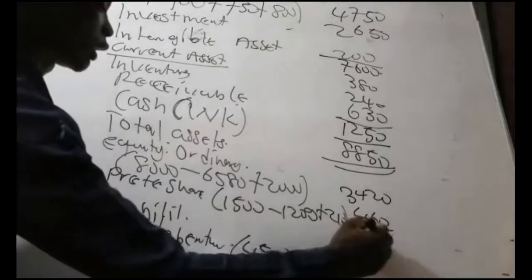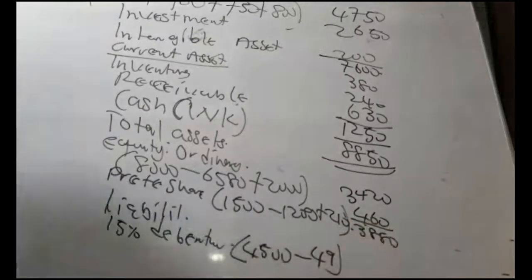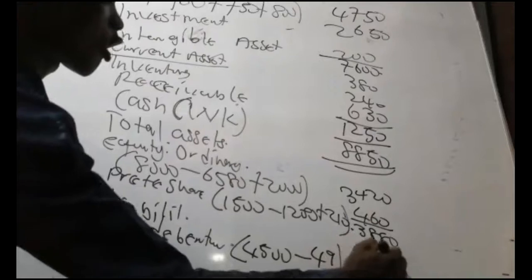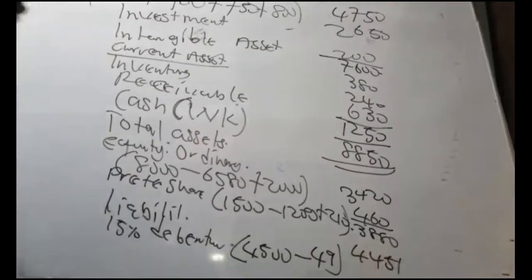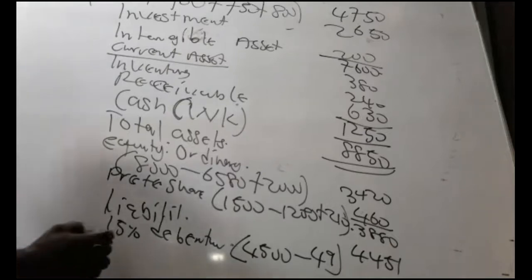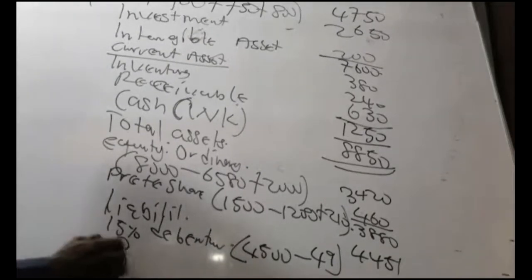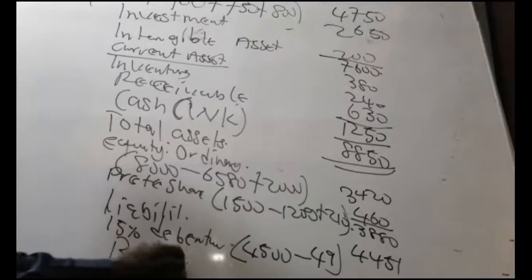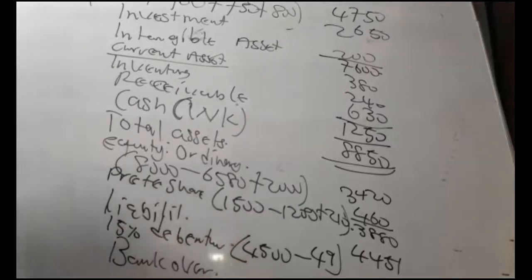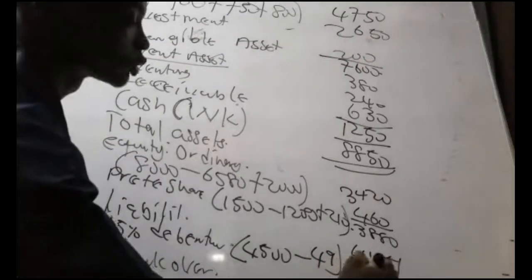So go back to the 3880. Debenture, what will be their position? Debenture will have 4451. Then the bank overdraft, that's the only current liability we will have. Bank overdraft, current liability. The bank overdraft is what? 500, right?